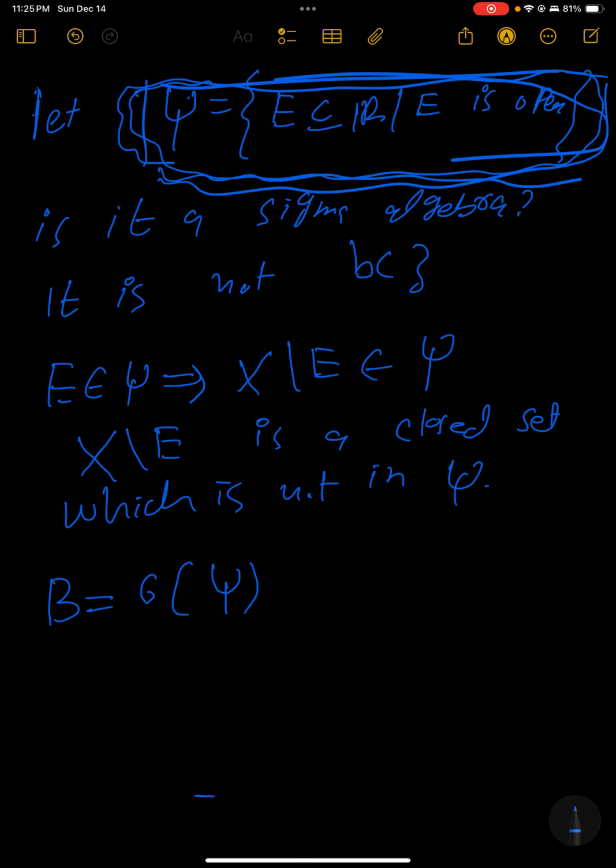So I ask you this. Give me a simple example. If I ask you, is this interval a Borel set? You will say, of course, yes. Why? Because it is a closed set.